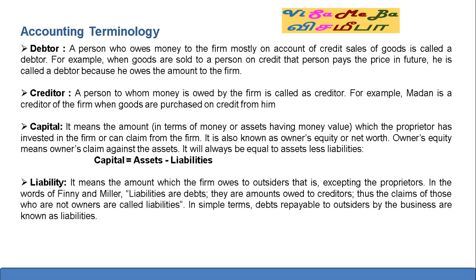When goods are sold to persons on credit, then that person pays the price in future. He is called a debtor because he owes the amount to the firm. On the other hand, a creditor is a person to whom money is owed by the firm.